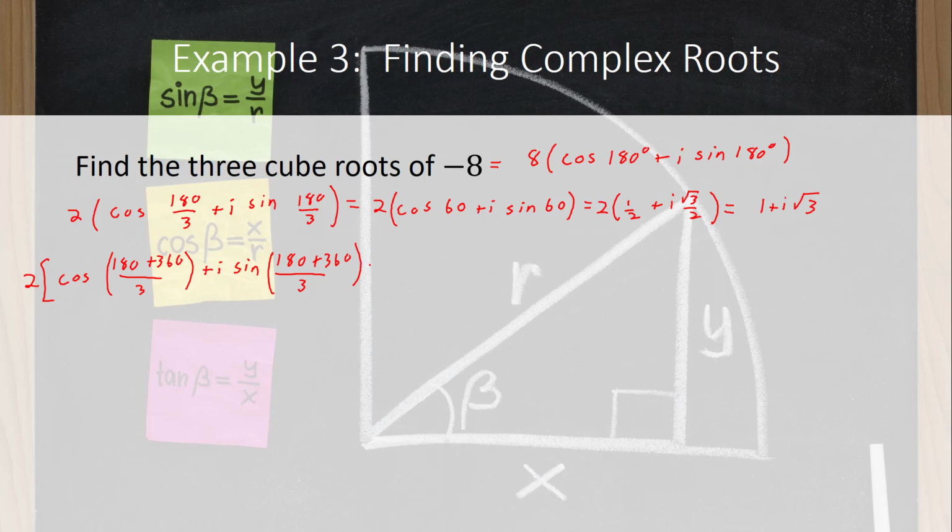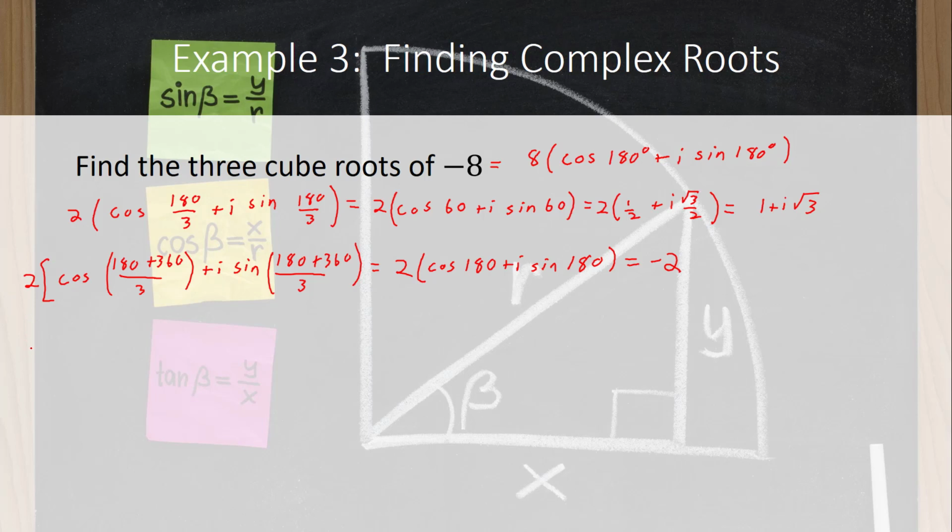That is going to be equal to, conveniently, 2 times the cosine of 180 plus i times the sine of 180. And we can all recognize that as negative 2. Cosine of 180 is negative 1, sine of 180 is 0, we have negative 2.